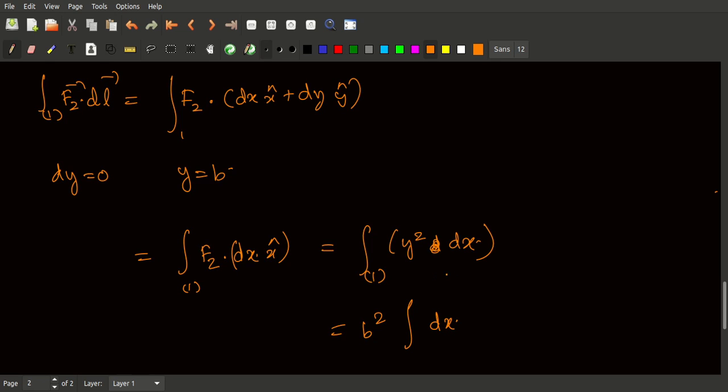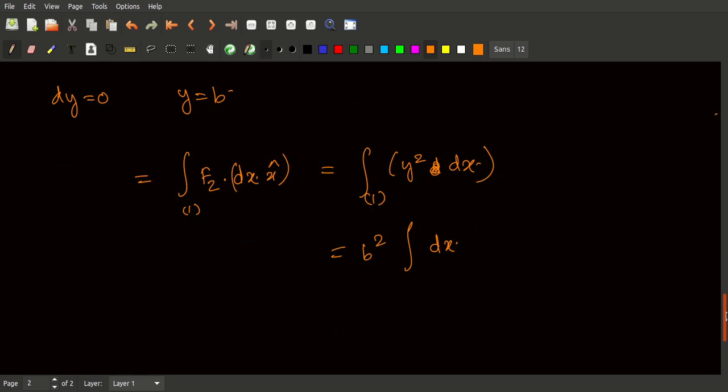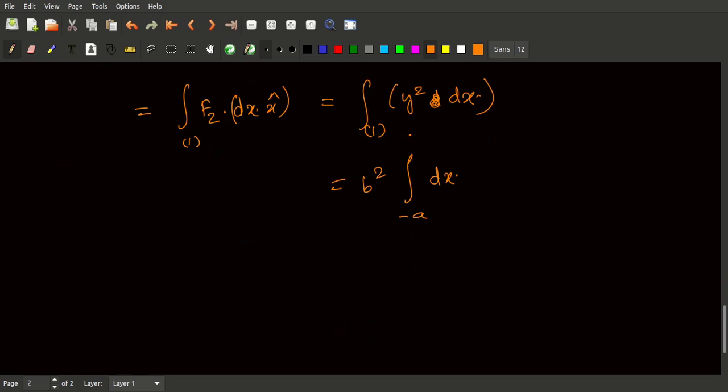So the integration goes from minus a to a. This will give you 2a, and there is a B2 here from the force. So this is equal to 2 B2 a b². This is the answer for the first part, the integral of f2 · dl.